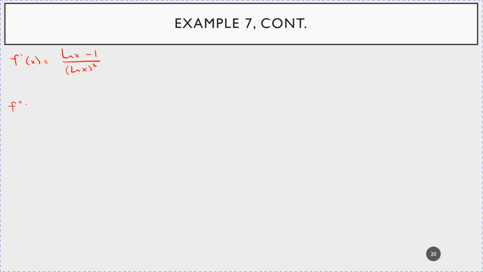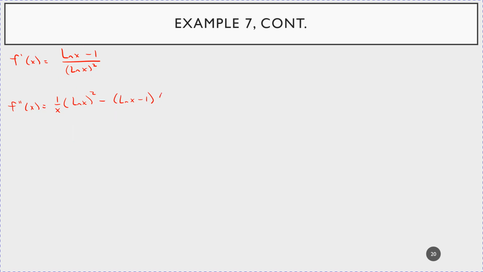So for f double prime of x, you're going to need to use the quotient rule here again. The derivative of the numerator, well, the derivative of ln of x is just 1 over x, times the denominator, which is ln of x squared, minus, this is where things get crazy, the numerator, ln of x minus 1, times the derivative of the denominator.